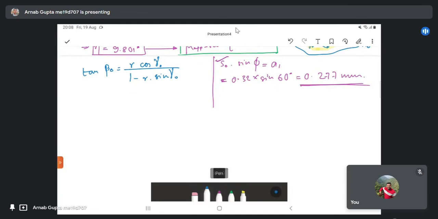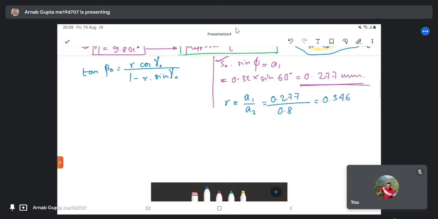So the value of R you can calculate, R is equal to A1 by A2, 0.277 by 0.8, so 0.346.